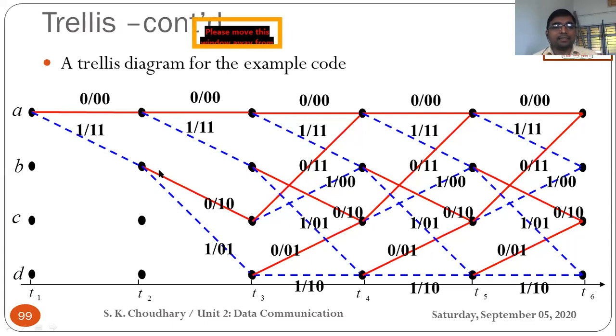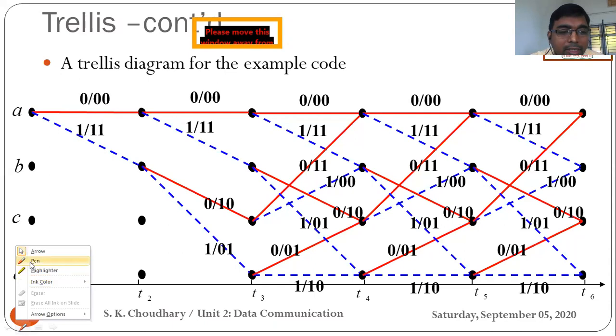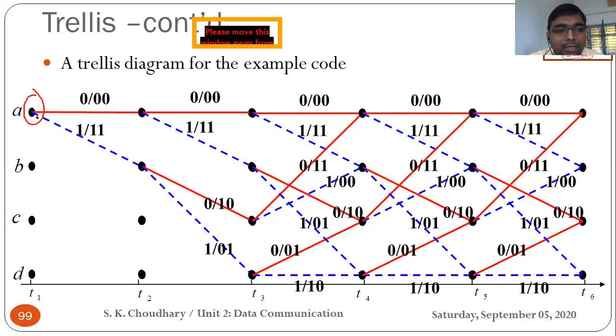Now in this case, you can see we always have to start with the 0, 0 state. That's why here we have started with this A. And there are only 2 branches from A, because there are 2 possible inputs, either 0 or binary 1. And after the oblique we have written the output for this particular input of the corresponding state.